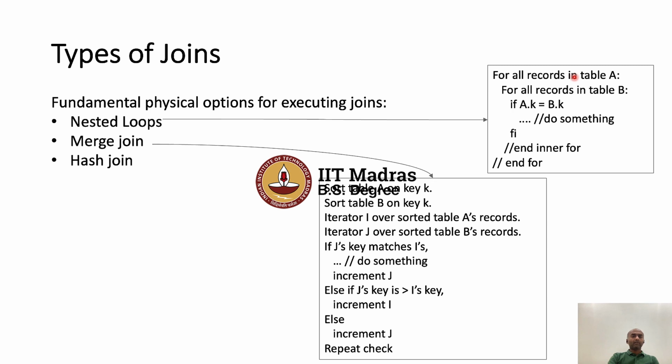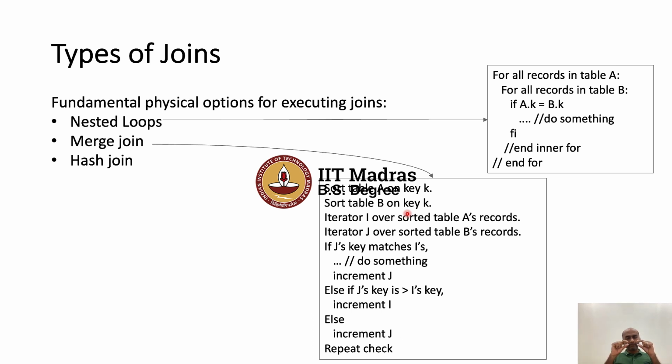Merge join, on the other hand, is a slightly more sophisticated example of physically executing a join. So here, I want to look at the join operation itself as an interleaving or merging of two different streams of data, where the streams are sorted, such that I don't have to look at too many elements of data at the same time.